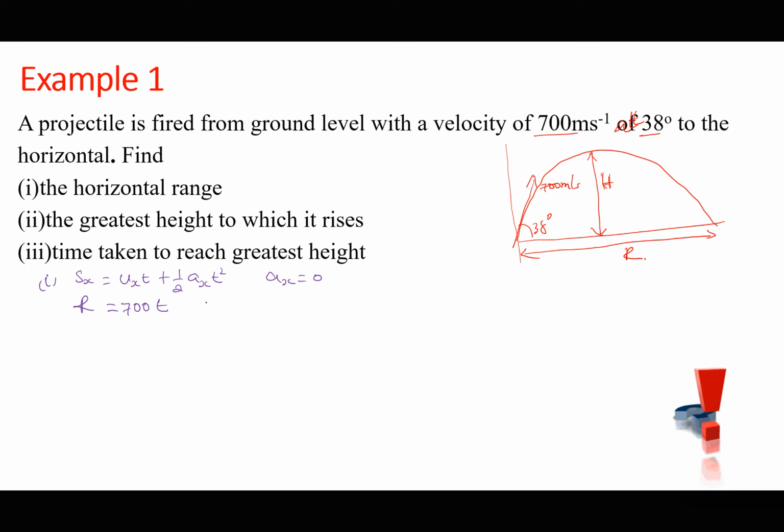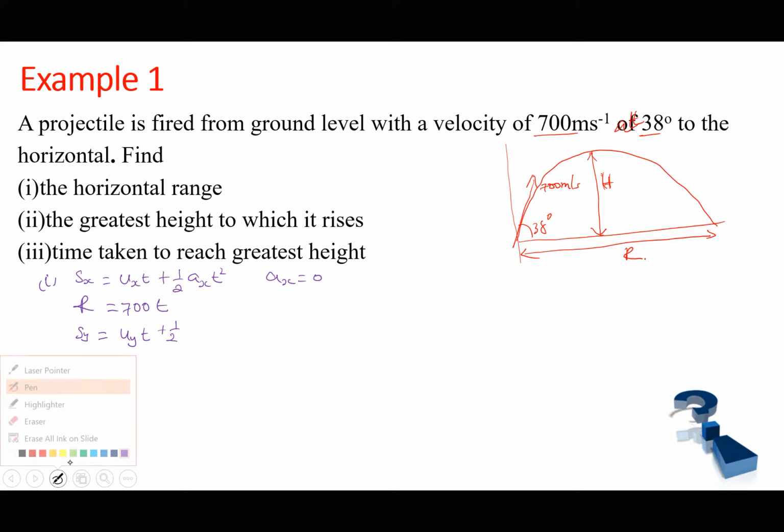However, if I consider vertical motion, S in the vertical equals initial velocity in the vertical times t plus a half. Oh, by the way, this was 700, so I have to resolve this. This is not going to be true.